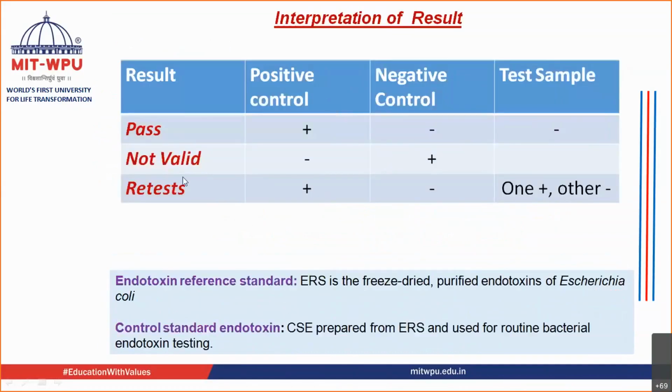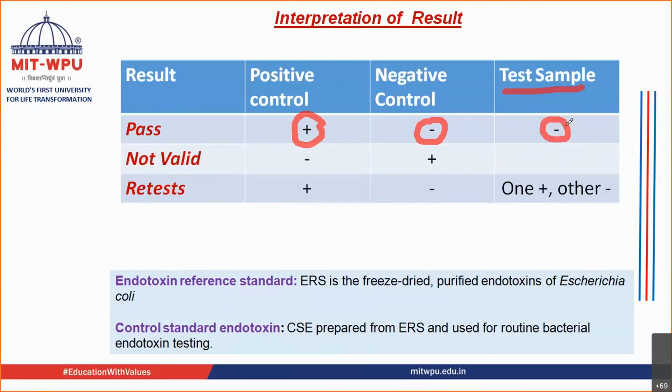The test passes if your positive controls are positive. They should give positive results because they contain bacterial endotoxin. If it is giving a positive result, then yes, it is correct. The negative water BET should give negative results, and your test sample, your formulation, should also give a negative result.